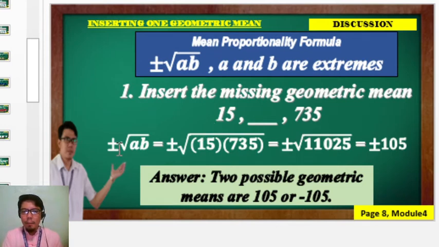Using the formula, positive negative square root of 15 times 735, which is 11,025, and the square root of 11,025 is 105. So therefore, positive negative 105 are the possible geometric means.